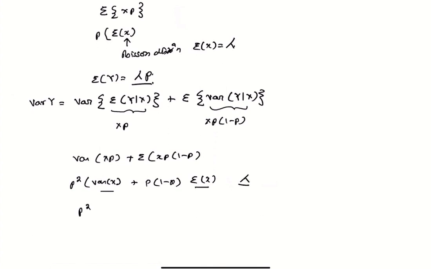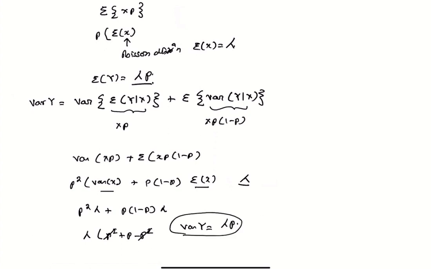So it becomes p squared lambda plus p(1 minus p) lambda, or you can take the lambda out and it becomes p squared plus p minus p squared. So this all cancels and the variance of Y becomes lambda p. So now we have the variance of Y and the expected value of Y, they're both lambda p.